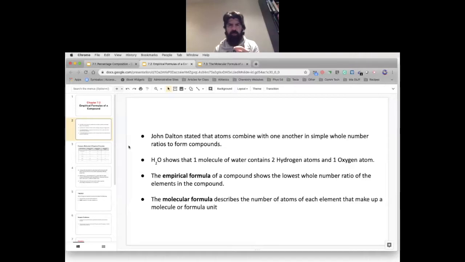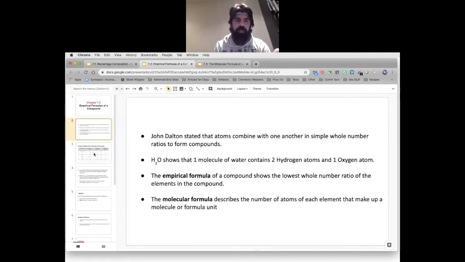We won't do 7.3 just because I want to make sure that we grasp this one. 7.3 is an extension of what we're doing now, but it's very simple in comparison to 7.2. 7.2 requires a little bit of thought process, because there's a whole process of things that you're going to need to do to get to the final answers of these type of sample problems. But anyhow, the empirical is the simplified version of an actual molecular formula.